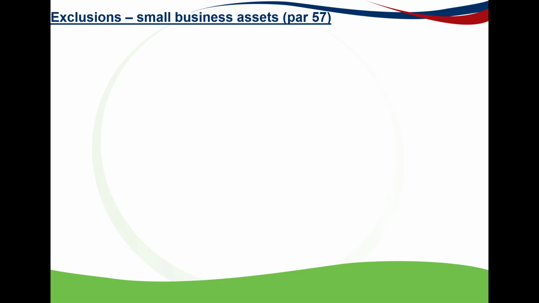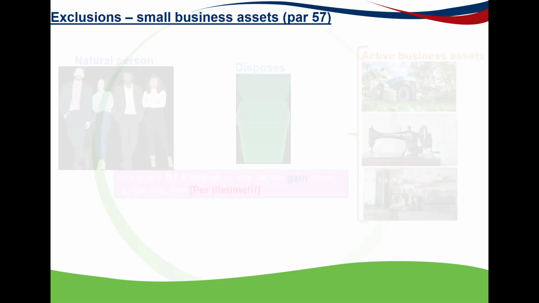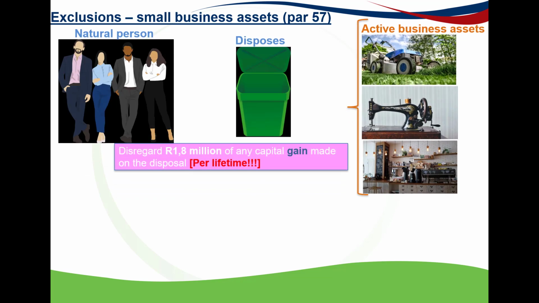The second exclusion that we will discuss is the small business assets exclusion. In terms of the small business assets exclusion, a natural person should disregard 1.8 million of any capital gains made on disposal of active business assets of their small business.